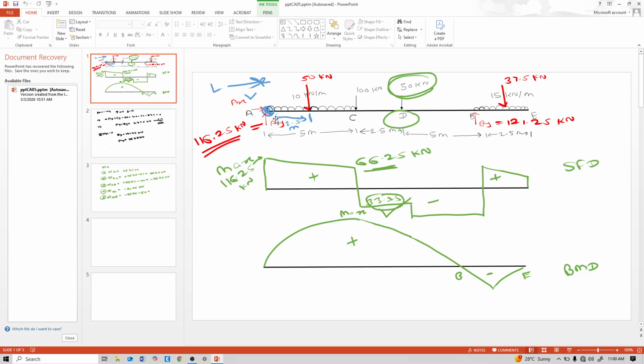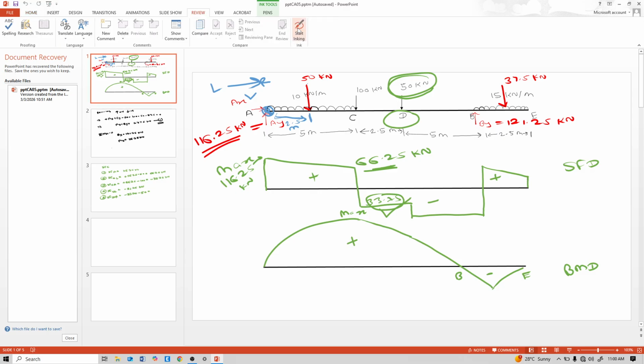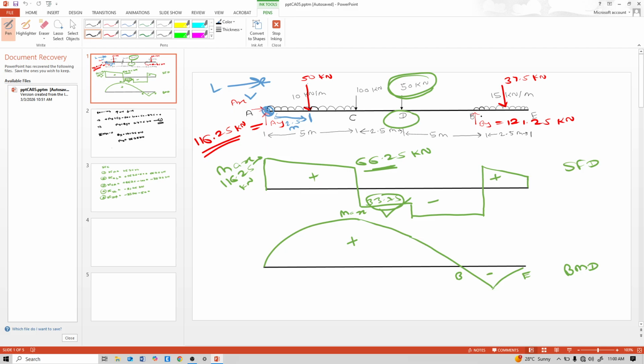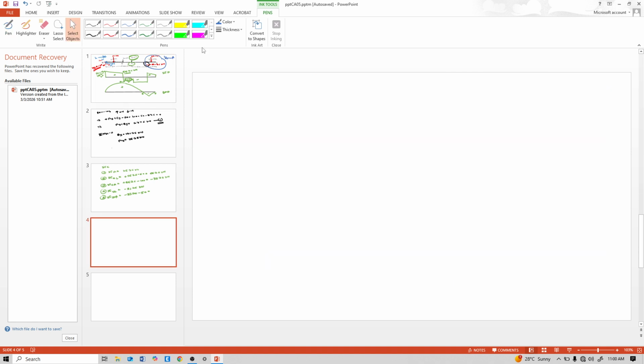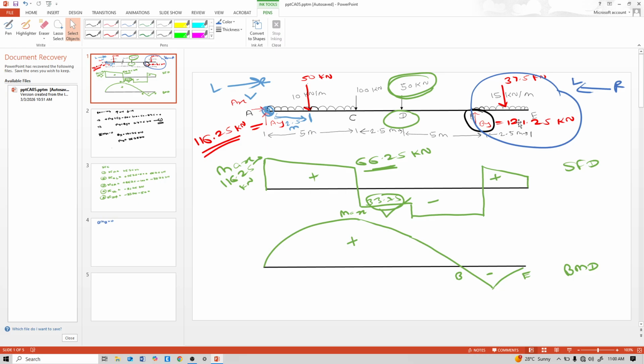Now bending moment at point B, that means at this point. For calculation of bending moment, I will consider this portion and calculate bending moment from right to left. So bending moment at B is equal to 0. Consider this portion, BY and UDL.